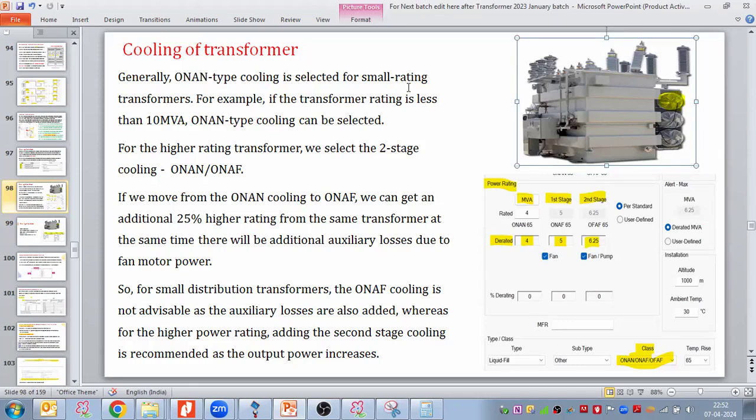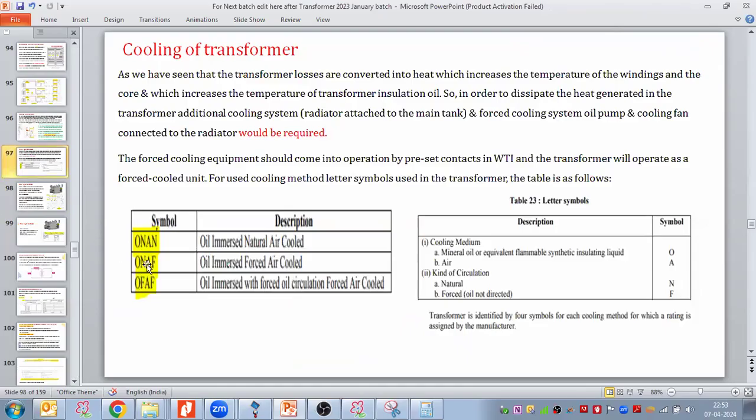For example, if the transformer rating is less than 10 MVA, up to that rating ONAN type cooling can be selected. If I take another cooling, like ONAF or OFAF, what is the disadvantage of that cooling?